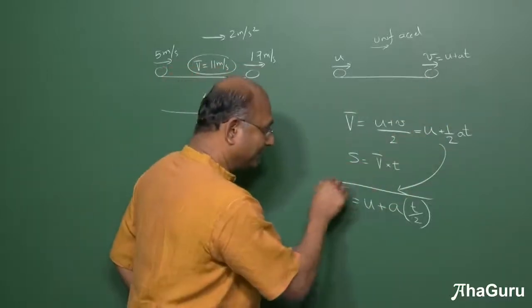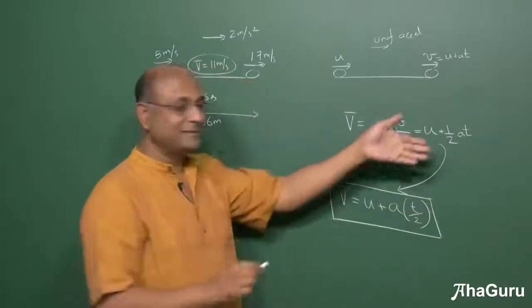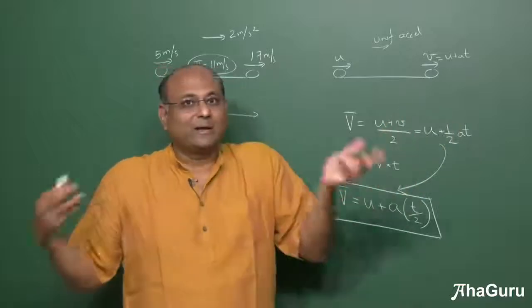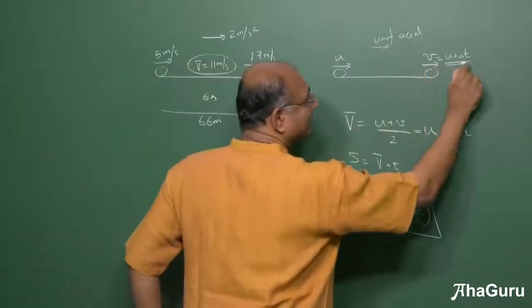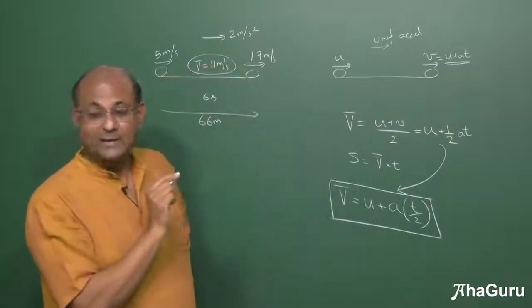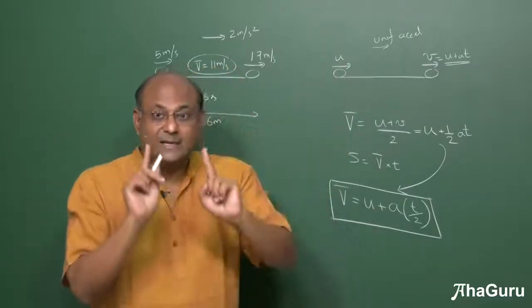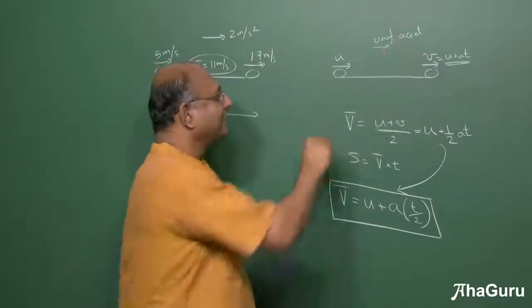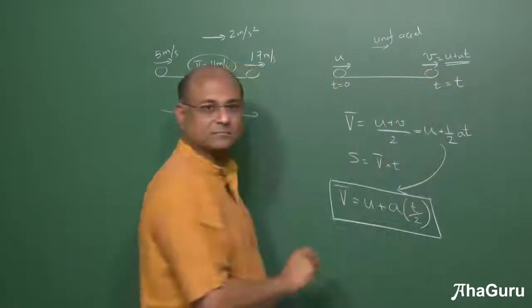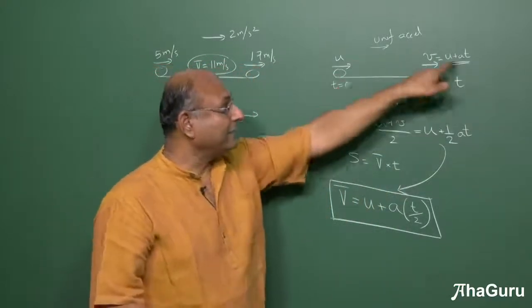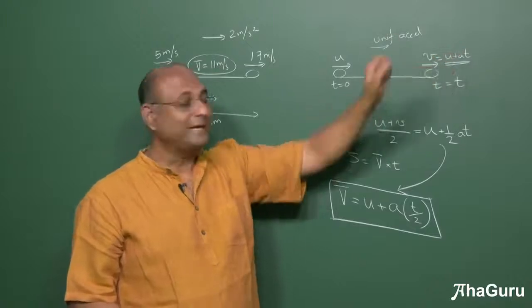So what is the big deal? Isn't it the same as that? Just taking a half inside and I'm calling it cool stuff. Let us think. What is the meaning of this? U plus at. It is the instantaneous velocity after t seconds. T equals 0, t equals t. At time t, what is the velocity? U plus at.